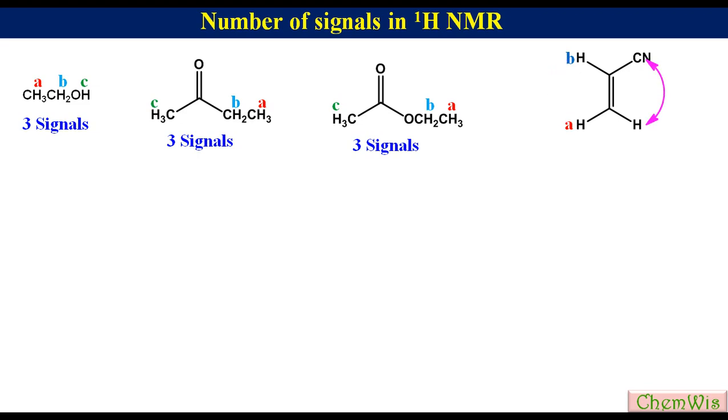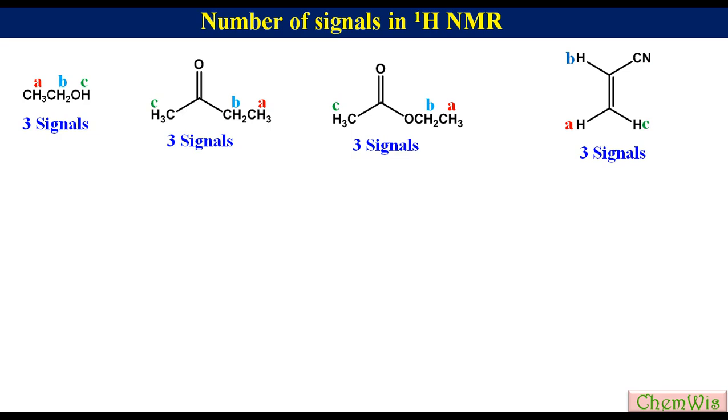That makes it electronically different from A. So it can be labeled as C. So with three different sets of protons, acrylonitrile will have three signals in the proton NMR.